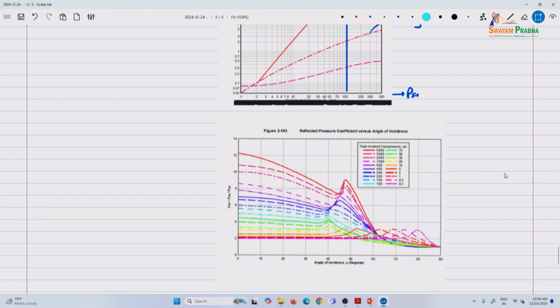So, this is, if you see, this is the reflected pressure. No, this is not for vented.